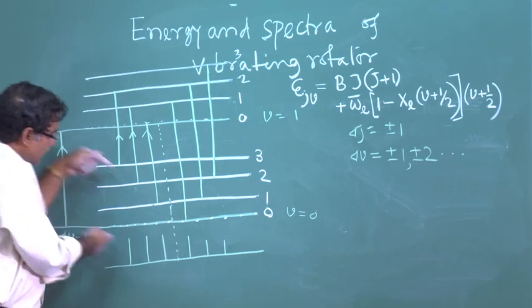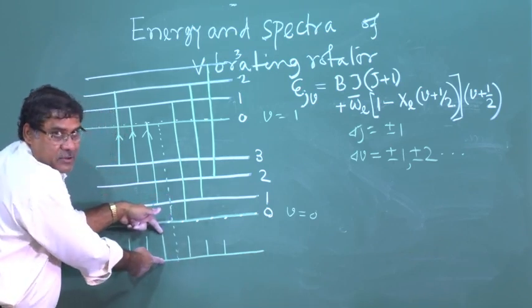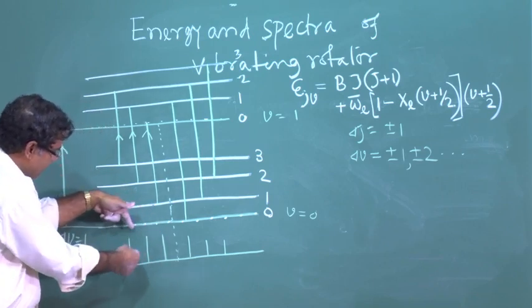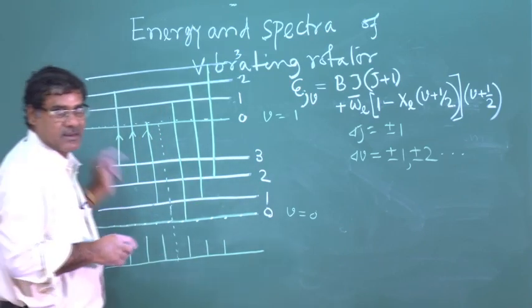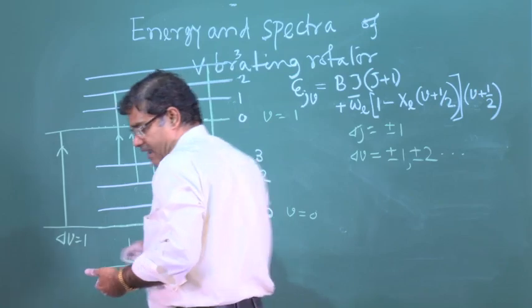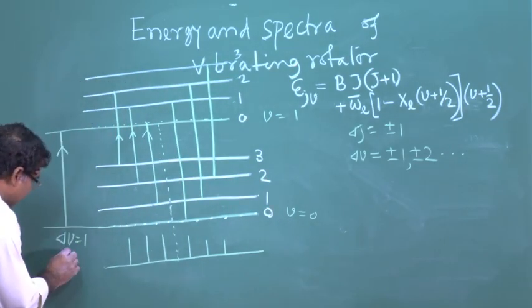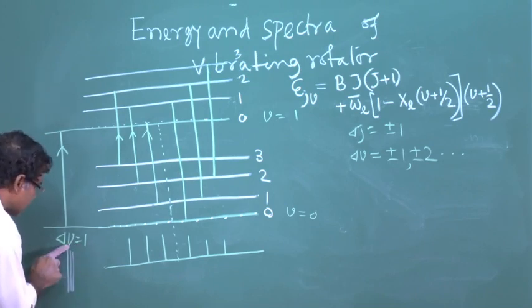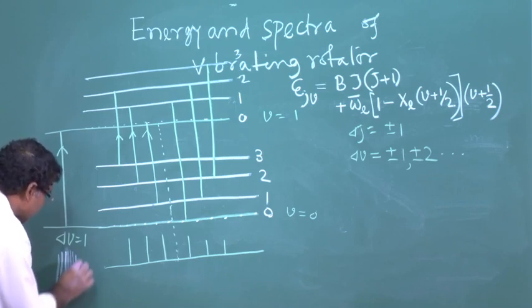Now, this one is slightly lower than 10 to the power 3 centimeter inverse, and these are slightly on the higher side. So, you are getting very closely spaced spectral lines. This original line is missing, and instead there are very closely spaced many spectral lines.